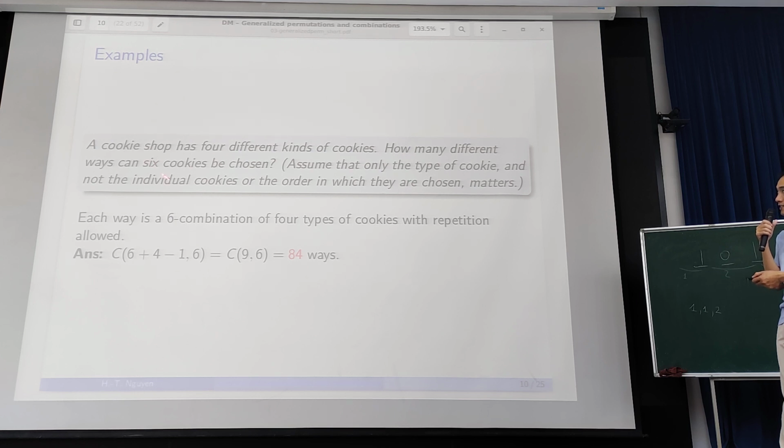The total number of places is 4 plus 6 minus 1, which is 9. And you can use either 9 choose 6 or 9 choose 3, which are the same, and which gives you 84 ways to choose 6 cookies from 4 types.